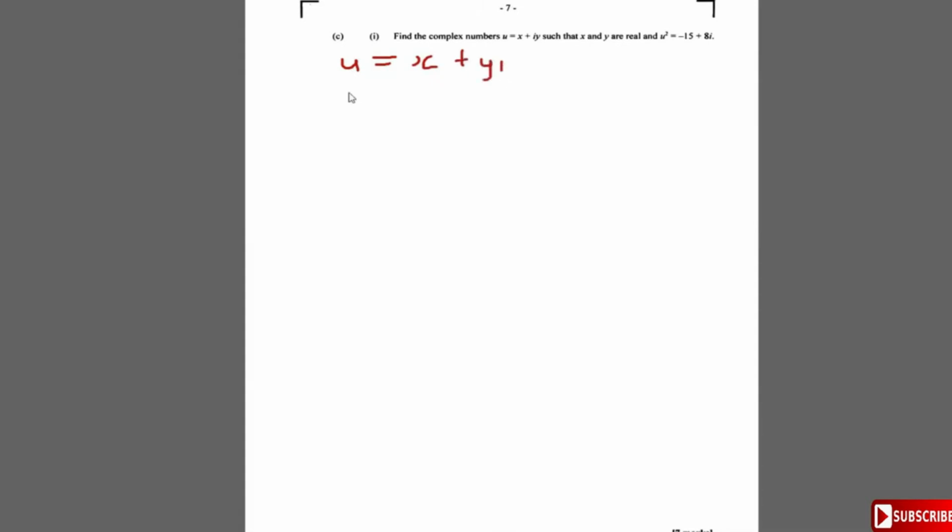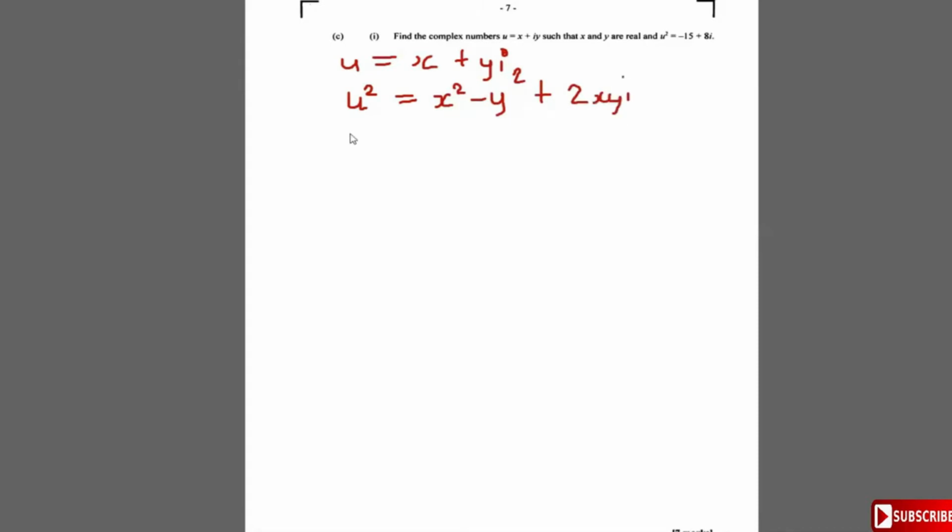And so if I were to square both sides, I would get that u squared is equal to x plus yi all squared. x plus yi all squared is x squared minus y squared plus 2xyi. That would be u squared.